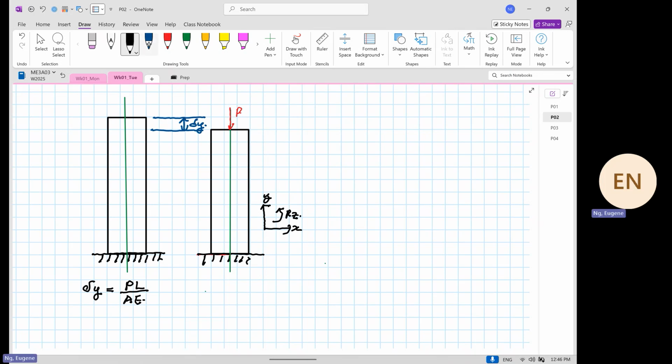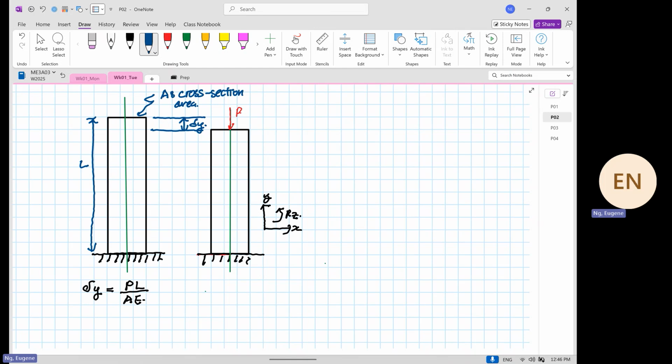And for this case, over here, this distance is your, I will call this L. And over here, A is your cross-sectional area. Does this look familiar? Yes or no? This is really, really familiar to all of you now.